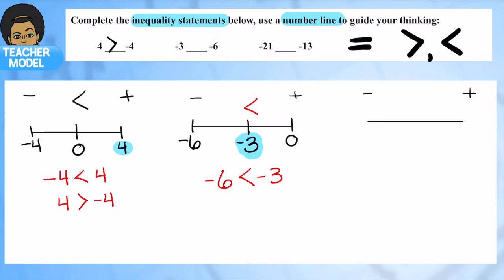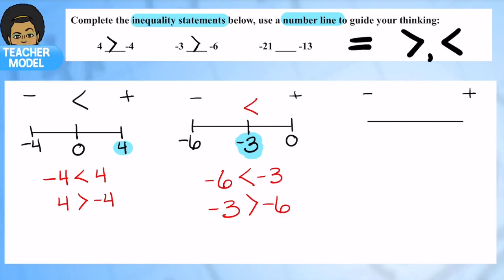So remember, if you get stuck, you can write both sentences down. Just remember that your symbol has to be open towards the greater number. Okay? And that's just another way of remembering which symbol to use. All right, so we're really using 2 supports here, a number line, and we're also writing down 2 true statements as another visual to see which is greater.